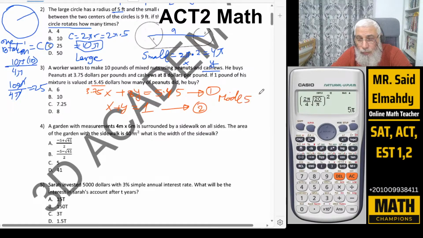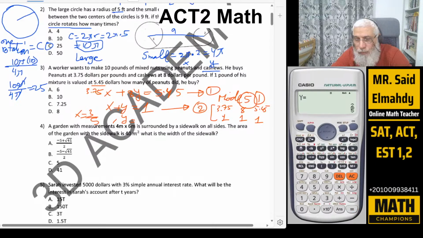And we write 3.75, 8, 5.45, 1, 1, 1. X is 3 over 5, and Y is 2 over 5.